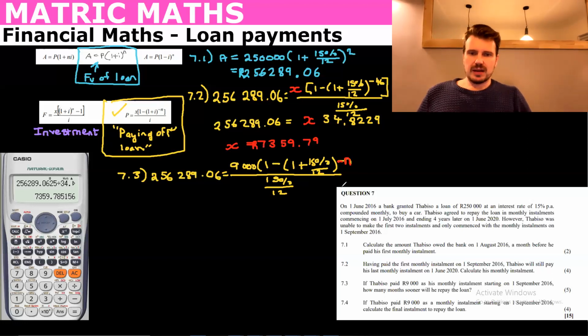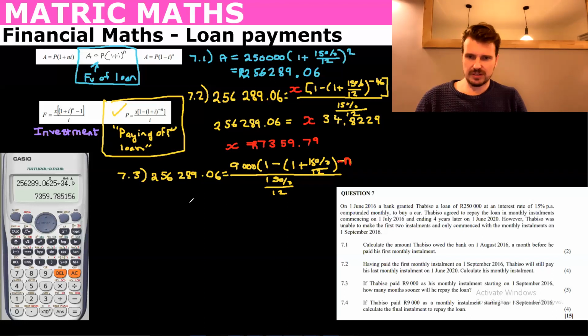Once again, I'm going to use my calculator here, and I want to make it as simple as possible. So I'm going to say the 9,000 divided by this to figure out what this is here. And then to get this by itself, I need to divide 256,000 by the 9,000 over this.